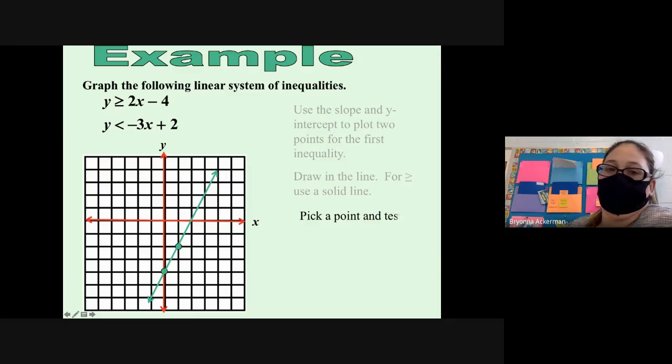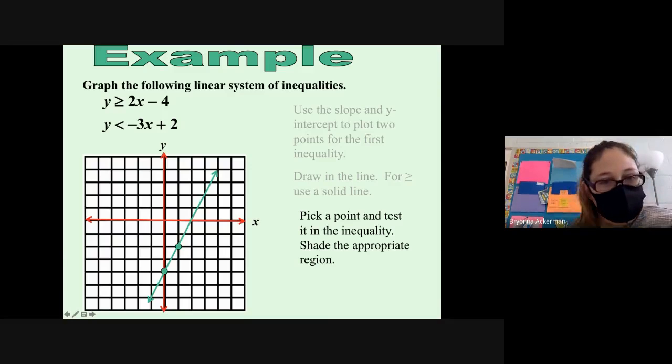Now the question is, where do I shade? Okay, do I shade up here or down here? Well, it's y is greater than. So what's your guess? So your guess is up here? Up? Okay. Well, let's test this to be sure, because if somebody gets confused, right, let's test it.